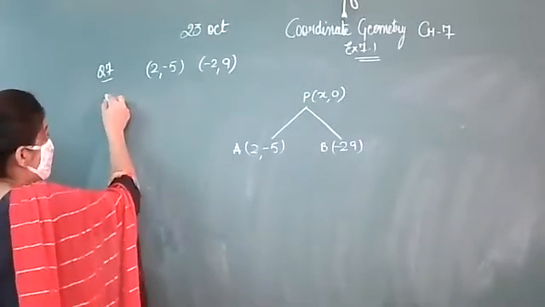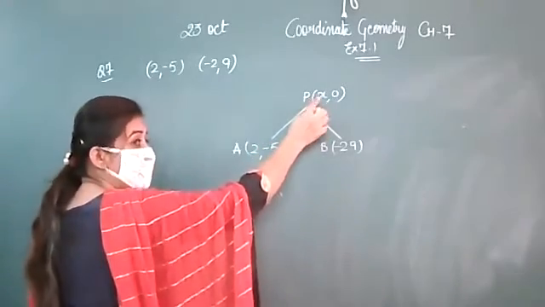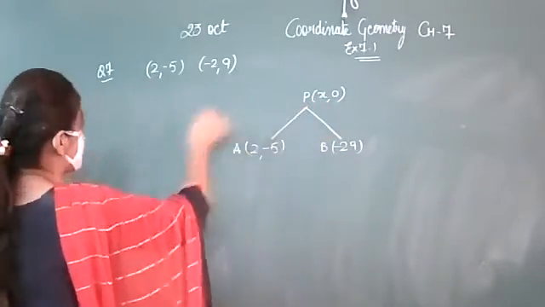So firstly, you will suppose the point, and when you suppose this point, you will get 1 mark or half mark for this supposition.